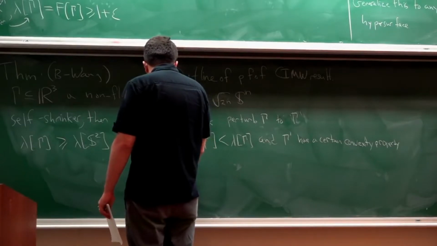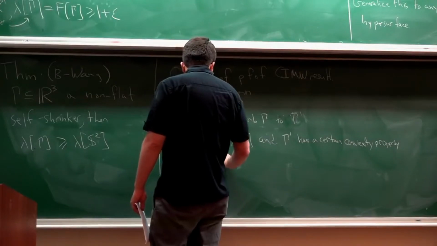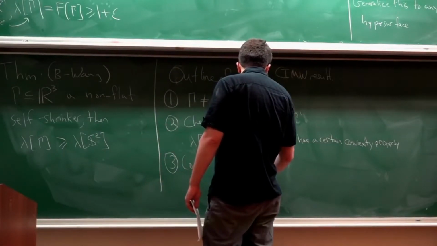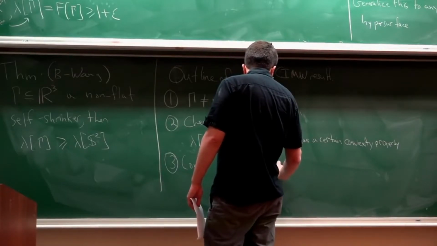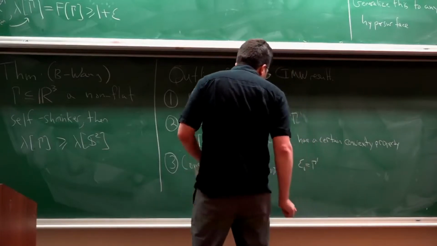Right. So the third step is to consider the mean curvature flow, say sigma t, with initial data this perturbed surface.